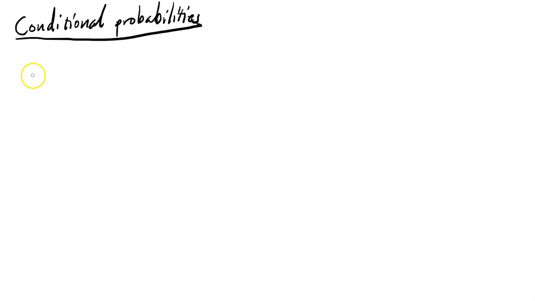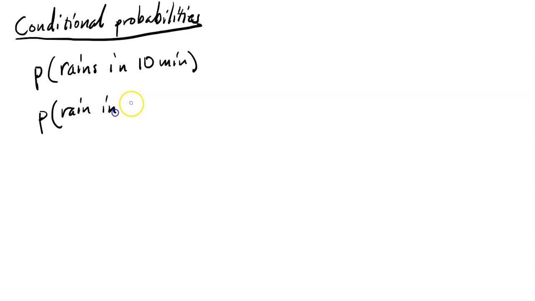For example, what is the probability for it rains in 10 minutes from now? So what's the probability of that? That is dependent if we know that it's cloudy or not. So what is the probability for it to rain in 10 minutes?